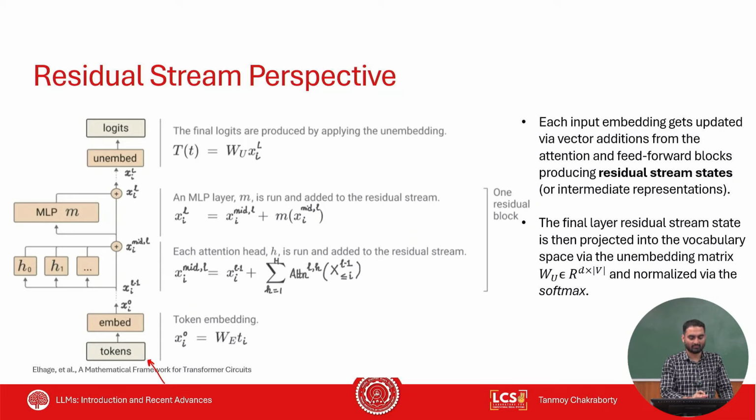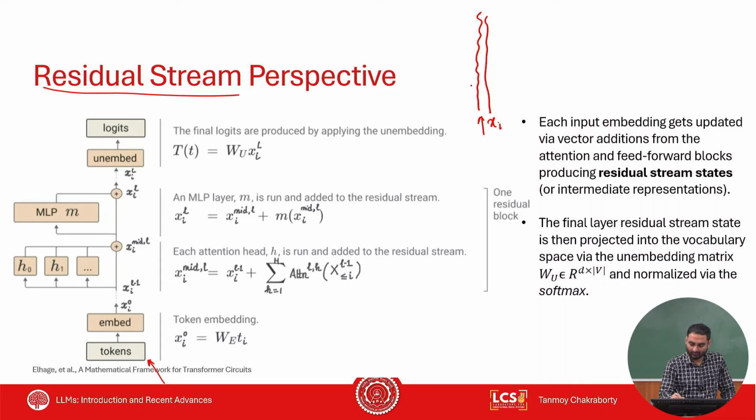I think I already mentioned in this residual stream perspective, we consider all these operations like self-attention, multi-headed self-attention, feed forward, as just additive operations over the vector. So you think of a stream, a pipeline, where the input to this pipeline is the word itself.